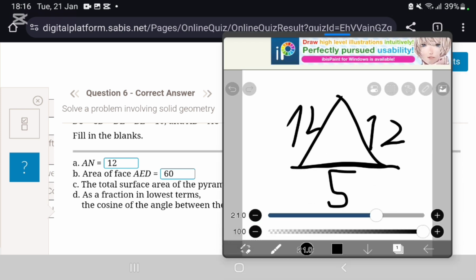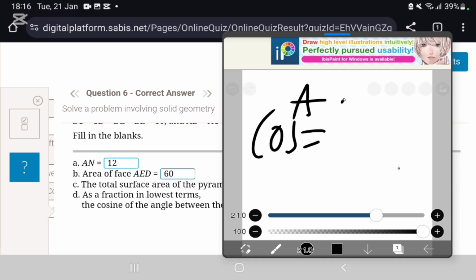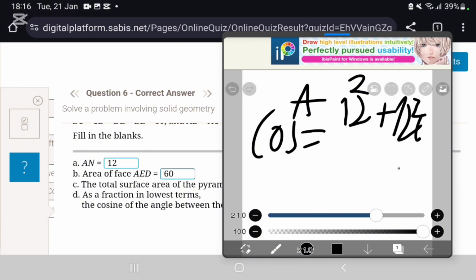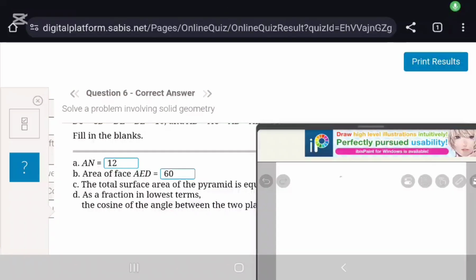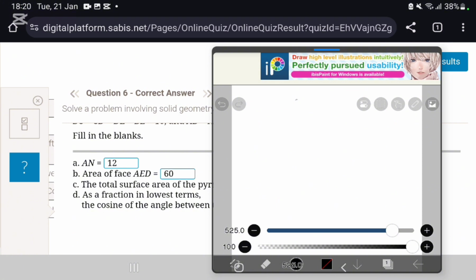So now we're gonna need this angle. So for this, we can do the cosine rule. Cosine of the angle, which we'll name A, will be 12 squared plus 12 squared. Just wait. Okay, so as we said, but I kind of drew the triangle wrong.